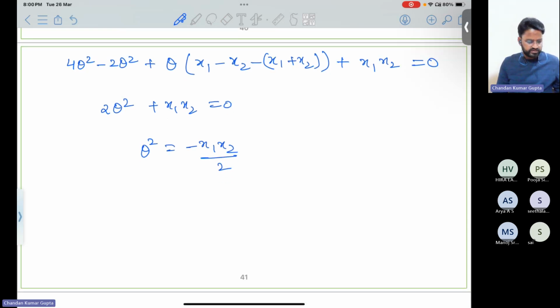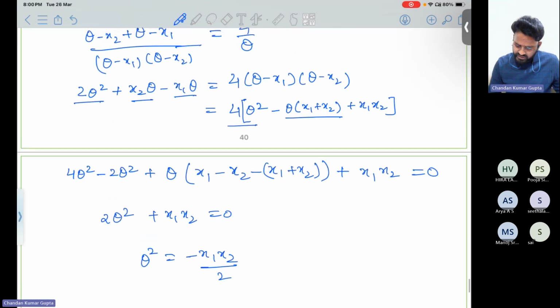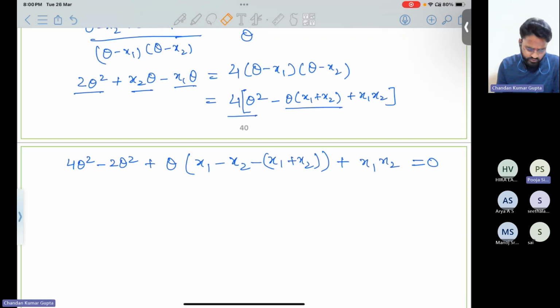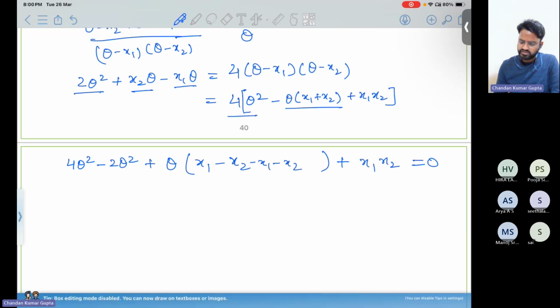Again, there is some mistake. Minus of this, x1 minus x2. Minus x2 is there, no? Yes, yes. So it comes out to be minus x1 plus x2. Then only it is minus x1, minus x2 is there, no?